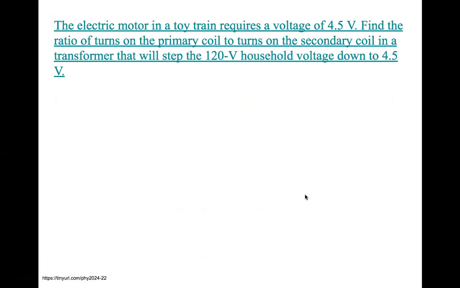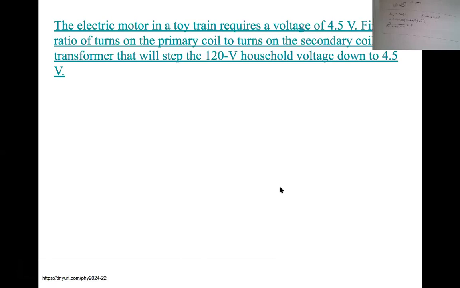So this one says the electric motor in a toy train requires a voltage of 4.5. Now find the ratio of turns of primary coil to the turns of the secondary coils in the transformer that will step the 120 volts down to 4.5.